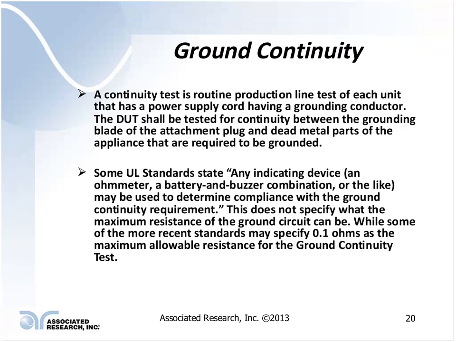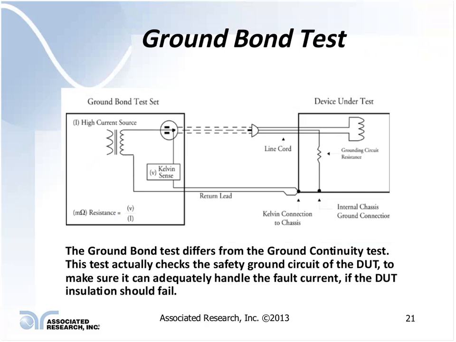The standards now that specify a 0.1 ohm continuity, I applaud. They are finally specifying something that makes sense for doing a continuity test. This standard of any indicating device is long overdue to be obsoleted.